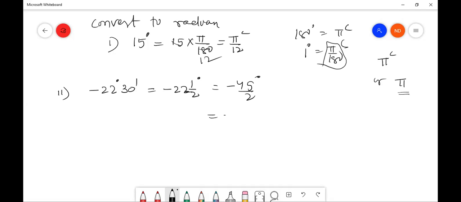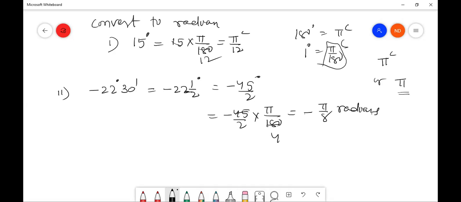Convert it to radian: minus 45 by 2, multiplied by pi upon 180. Here you see, multiplying by pi upon 180 gives 4, so minus pi by 8 radian. So this is quite easy. Now you can convert degree to radian easily.